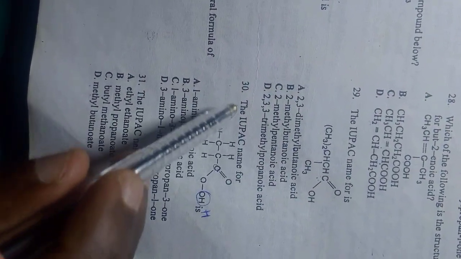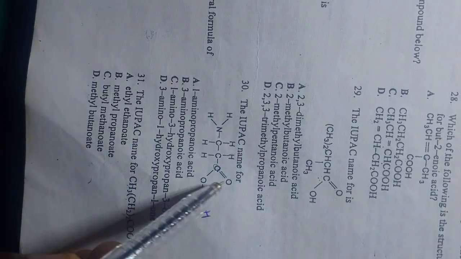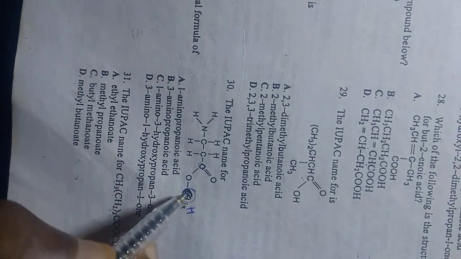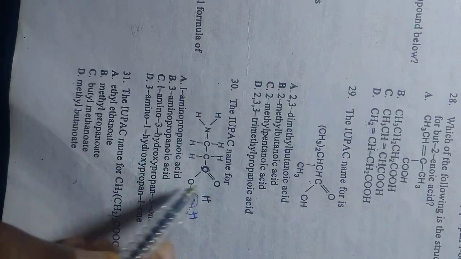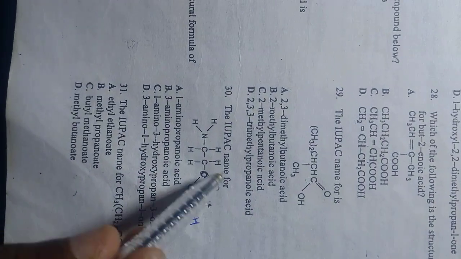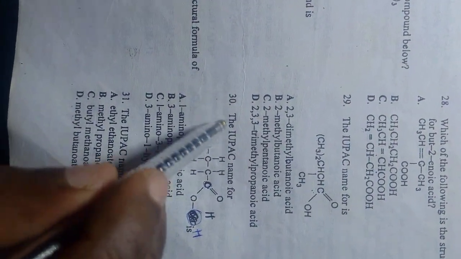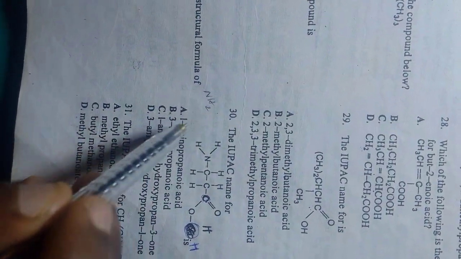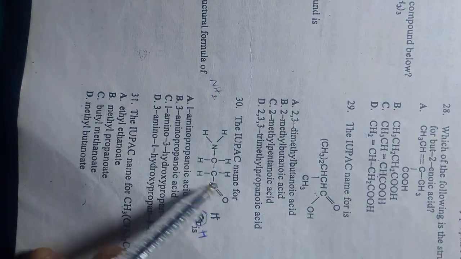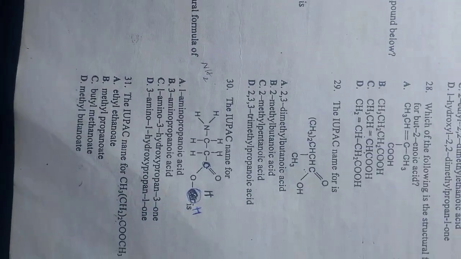That means you have two functional groups here. The alkanoic acid, C double bond O OH, and your amino, which is NH2. So you have your alkanoic acid and amino.